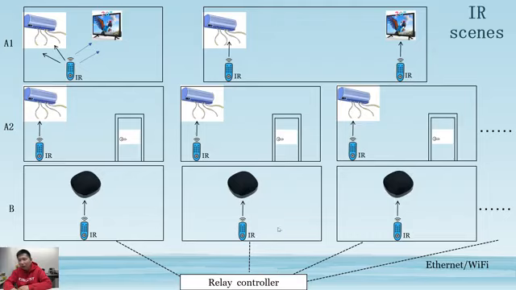In every room you can see a gateway IR receiver that can receive the IR remote signal, make a command, and send the signal to the relay controller by Ethernet or by Wi-Fi. That means you can use any IR remote to turn relays on and off in every room, not only an RF remote. This time you can use an IR remote.